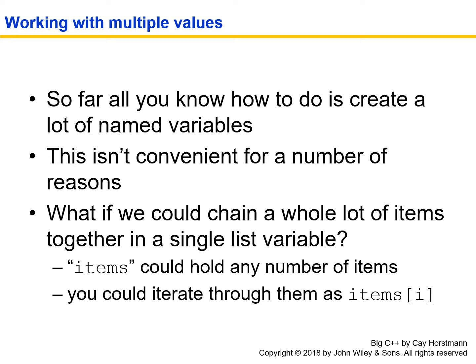But for now, we're going to call it a list, and we're going to say that the list items could hold any number of items, and you could iterate through them as items at index I. So the first item, the second item, the third item, the fourth item, all the way up to the 105th item if you want.